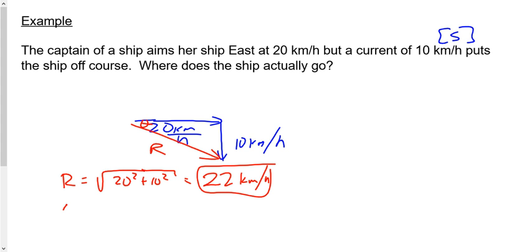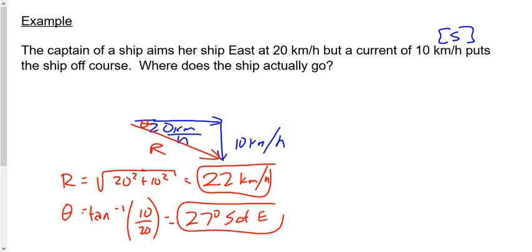And then theta is the inverse tan function of opposite over adjacent, 10 over 20. And the angle is 27 degrees, rounded to 2 digits, and we're going to say that's 27 degrees south of east.